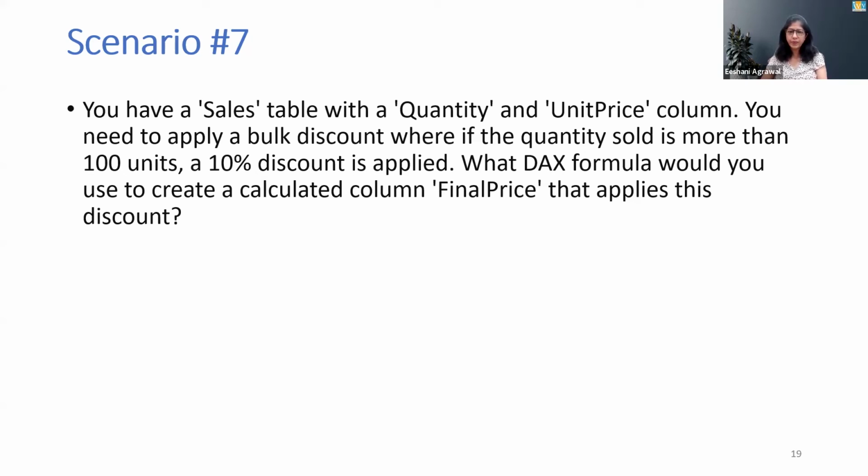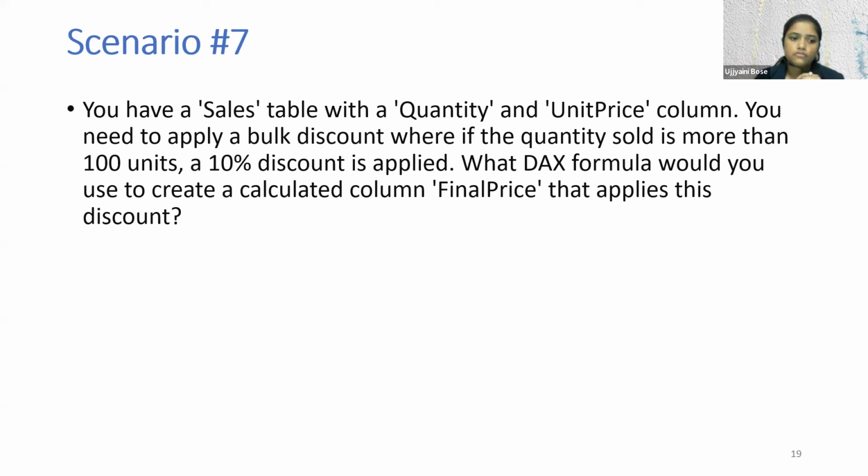Ujjaini? We need to make a variable, we can do. You want to create a variable. Why? You're creating a column called final price. Okay, a column we have to make, a final price.